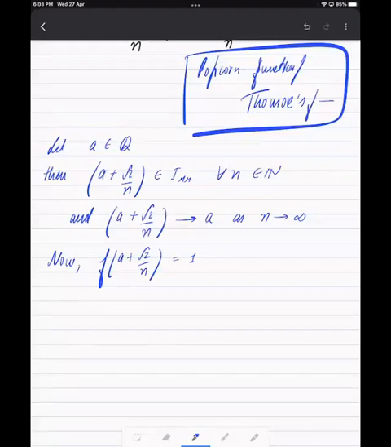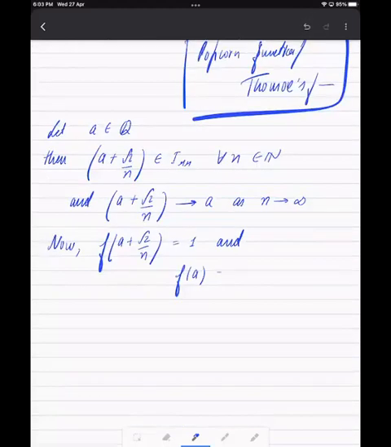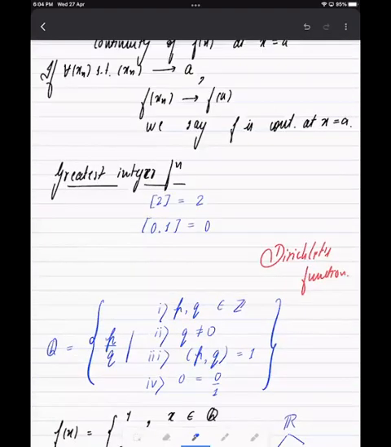Now f of A. I don't know what A is, but I know that A is some rational number whose denominator is non-zero. So it implies f of A has to be some 1 by n. It can be p by q, so it is actually 1 by q. So let me make a change here.